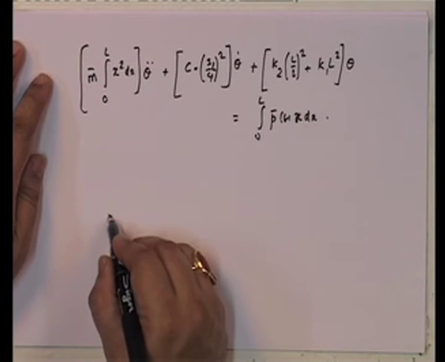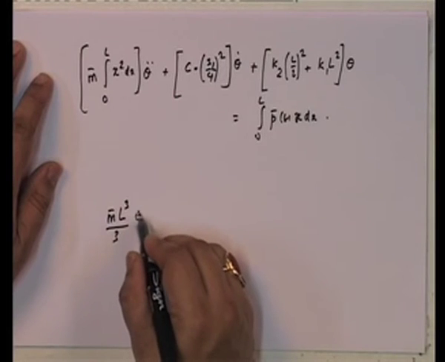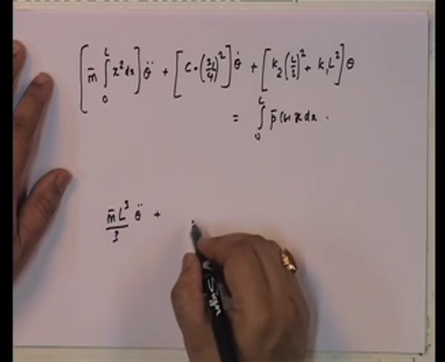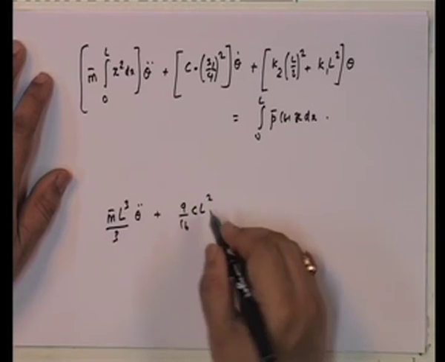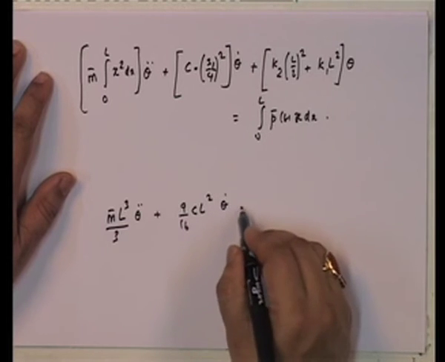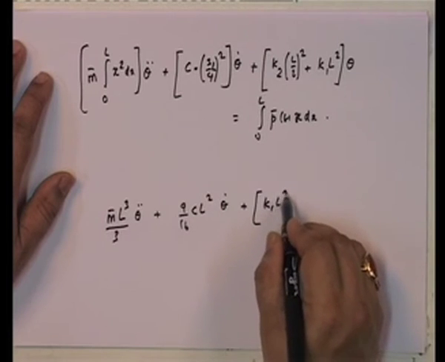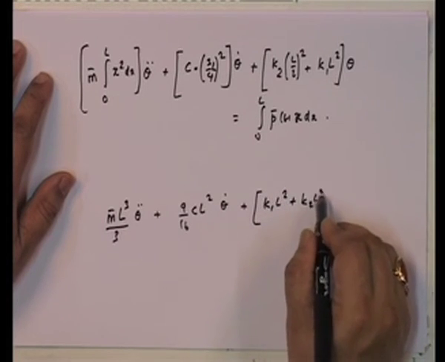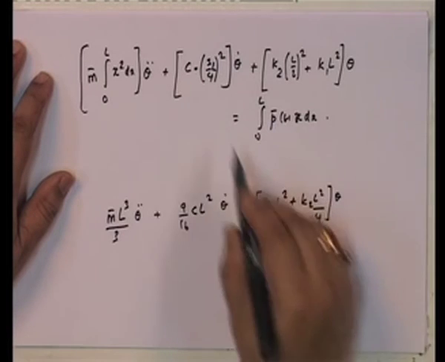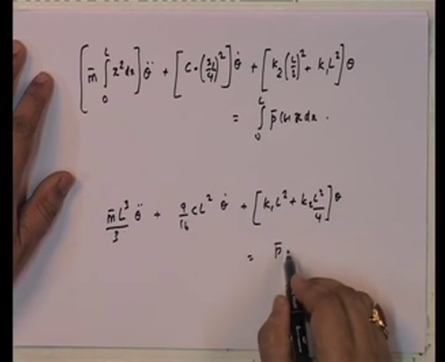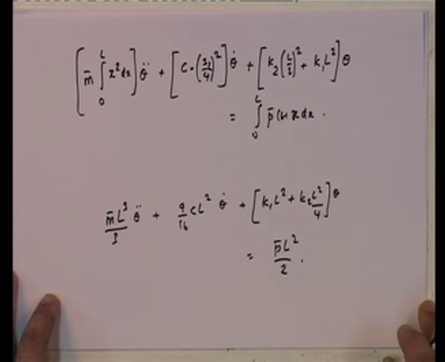So, this becomes M bar L cubed by 3 theta double dot plus 9/16 C L squared theta dot plus, and this one still remains, K1 L squared plus K2 L squared by 4 theta is equal to, since P bar goes out, P bar L squared upon 2.